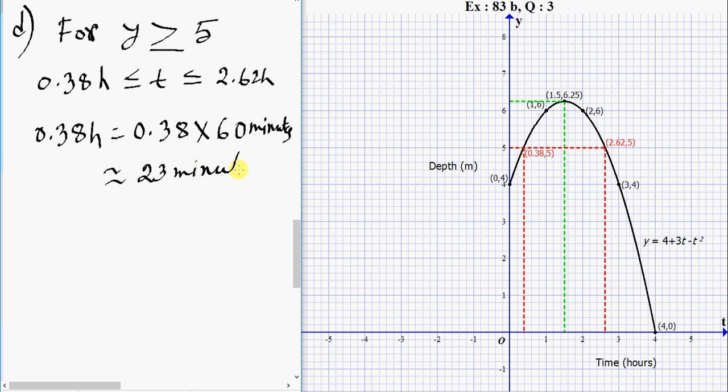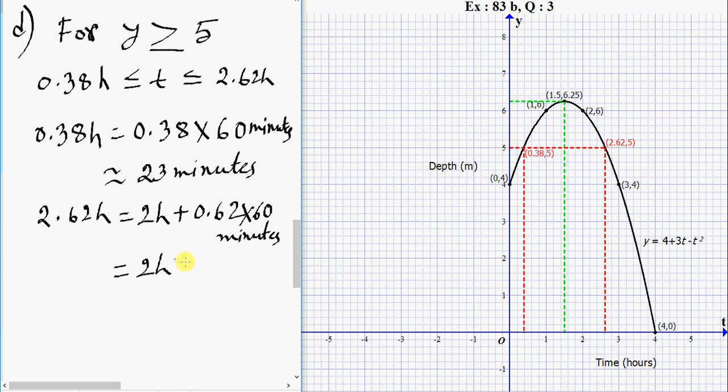And 2.62 hours will be 2 hour and nearest 37 minutes.